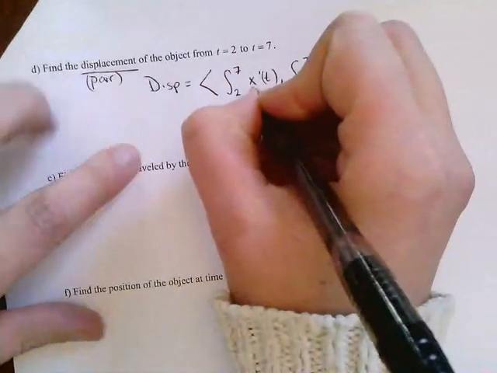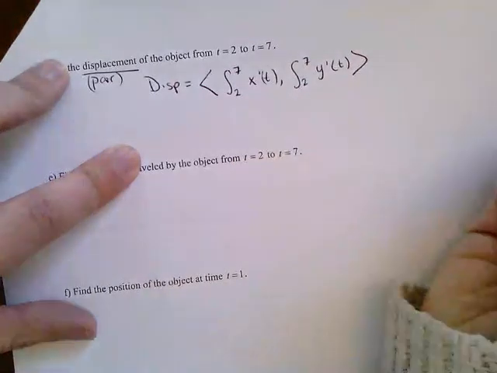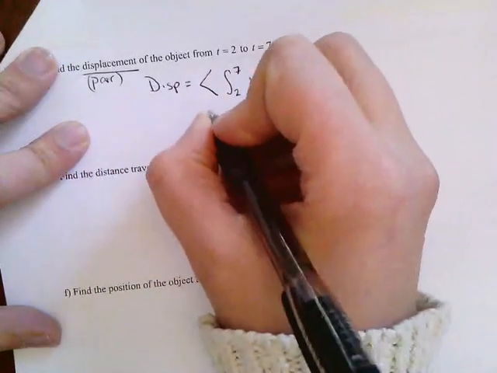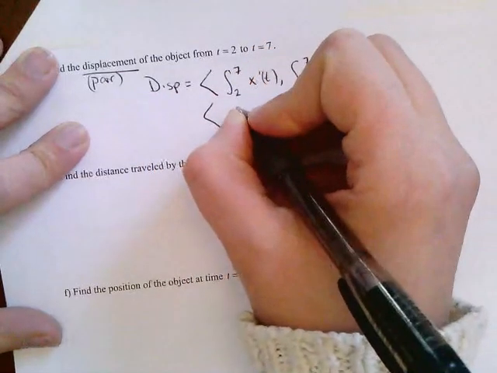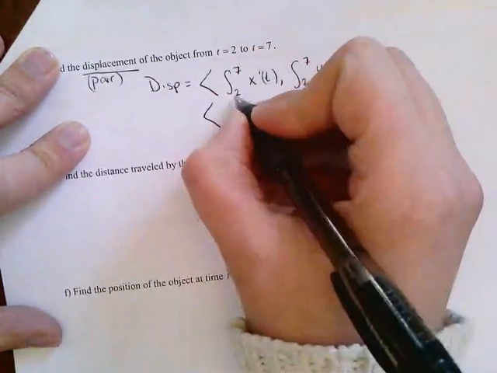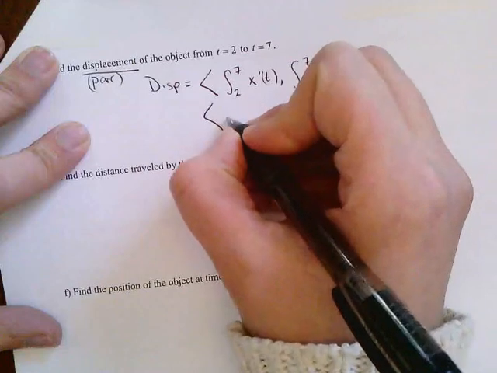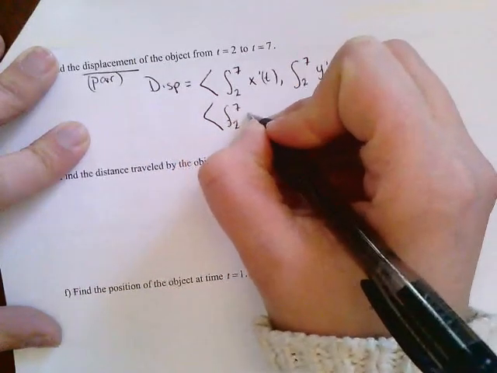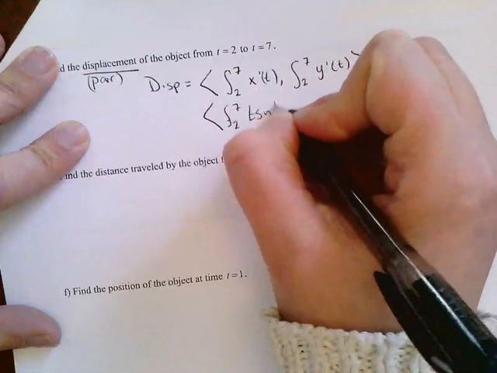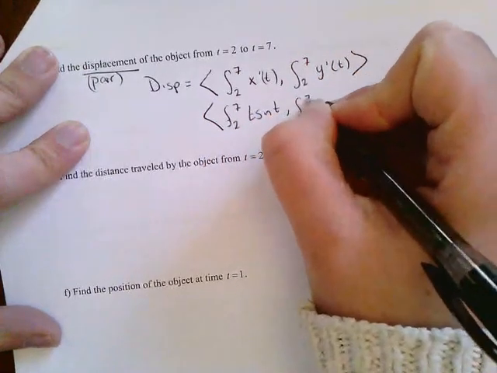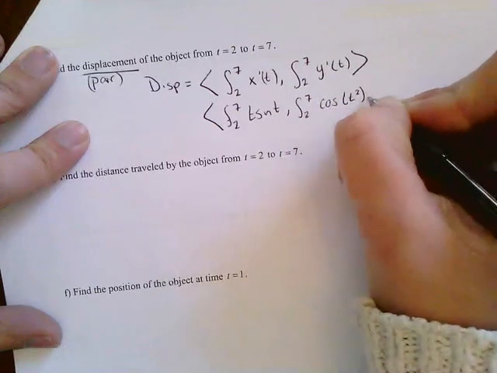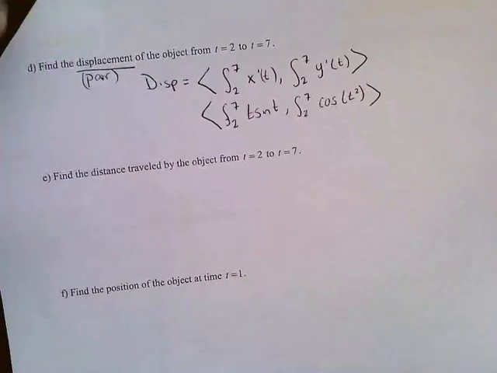Now keep in mind they gave us x prime, they gave us y prime, and I've already plugged those into my calculator, so I just need to integrate from 2 to 7 t sine t, and from 2 to 7 cosine of t squared dt.